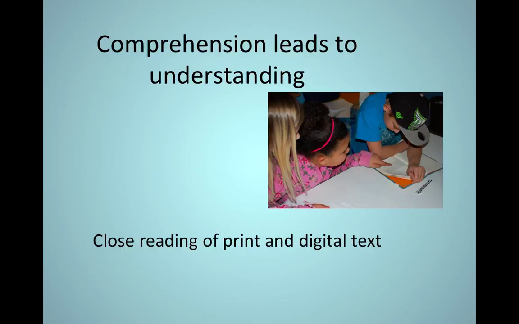So there are definitely similarities to the processes that we use when we're reading either of those types of texts, but there are also some unique comprehension strategies to consider when students are reading digital text, because not only do they have to understand what is said in the words and the images like we do with the print text, but with a digital text, they also have to be able to find the text if we're reading on the web and navigate through the text and avoid the distractions that are inevitably there when kids are reading with technology.